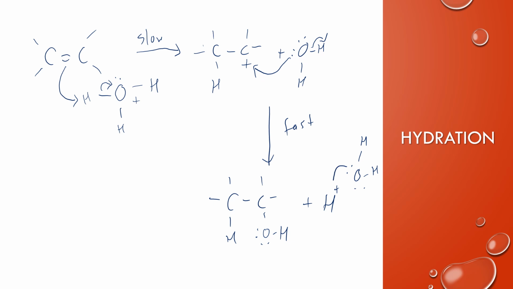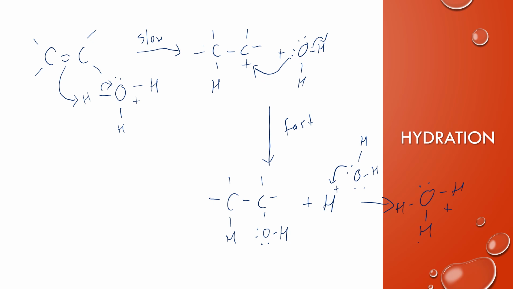And so because of that, it's going to form another coordinate bond there to regenerate the hydronium ion that's present. So yeah, this is very similar. I just wanted to show you how it's using that acid medium to get the water to add across the double bond.